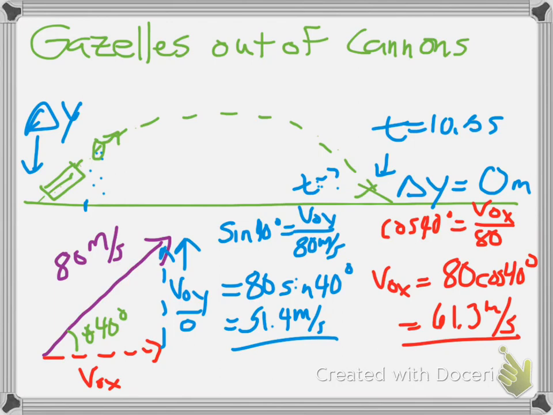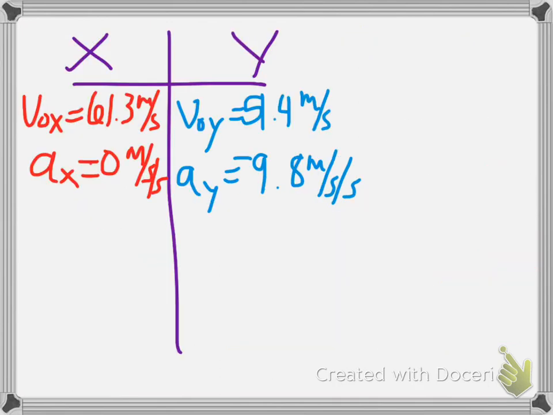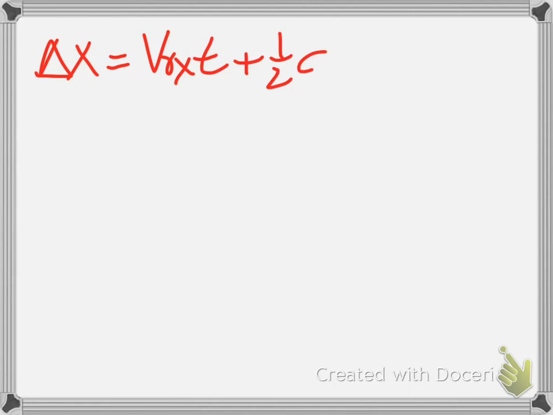Well, how far away does it land? Well, that's easy now that we have the time, because if we take a look back at our givens, our time is 10.5 seconds, which is now available for both sides, because time is not directional. So we have all this stuff in the x direction, and enough to be able to figure this out. So if we want to know our delta x, delta x would be the same equation, V0x t plus 1/2 a_x t squared, but this part is going to go away because we have no acceleration in the x direction.